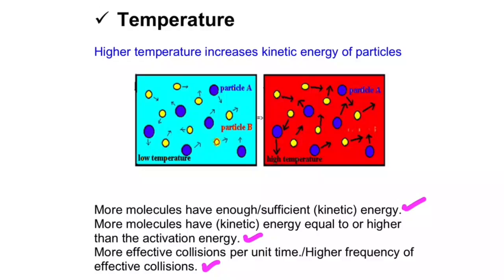You can see in the diagram provided that when the temperature is low, there isn't a lot of movement, there isn't a lot of kinetic energy in the particles. But when you increase the temperature, there's a lot of movement and a lot of collisions. So that is how temperature affects the rate of a reaction.